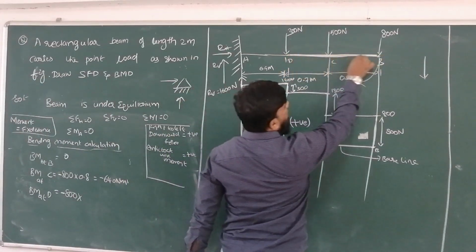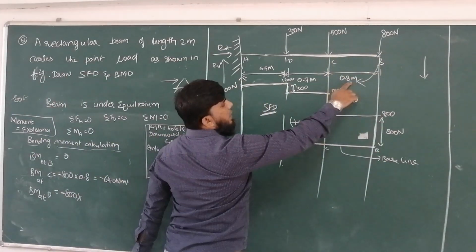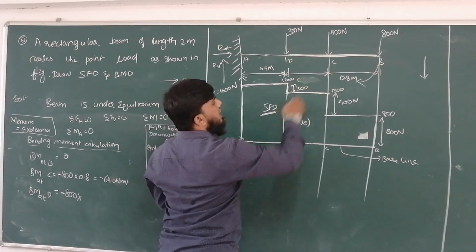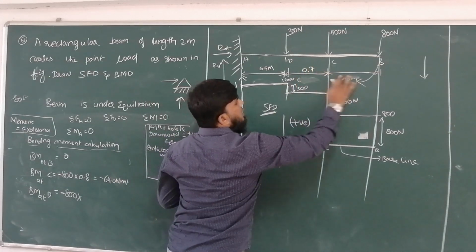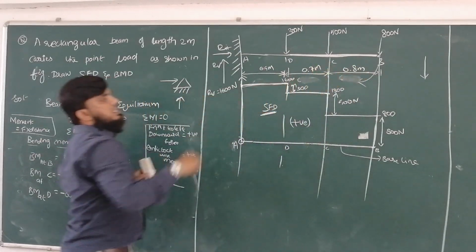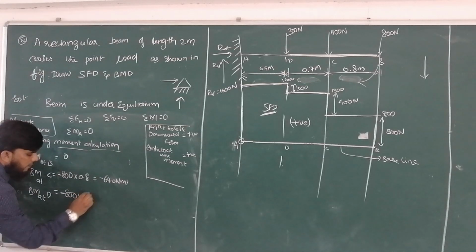The total distance is 0.8 plus 0.7, which is 1.5.